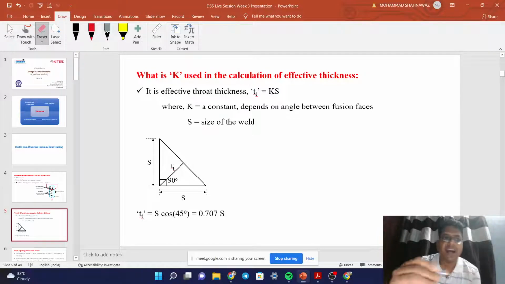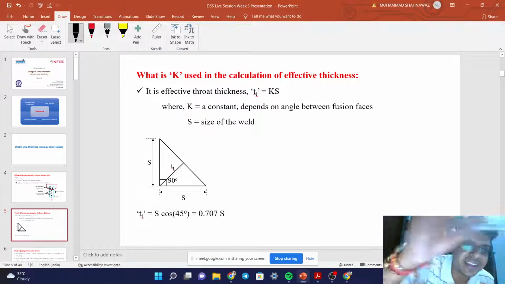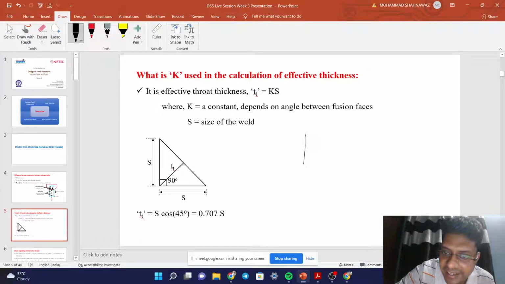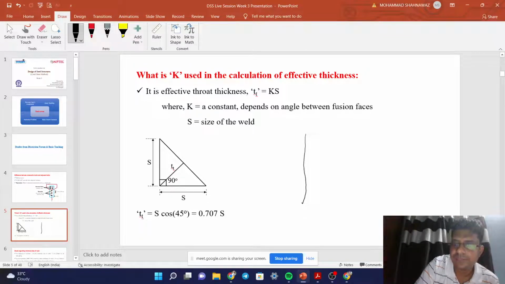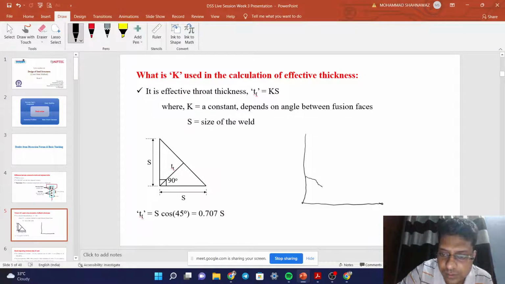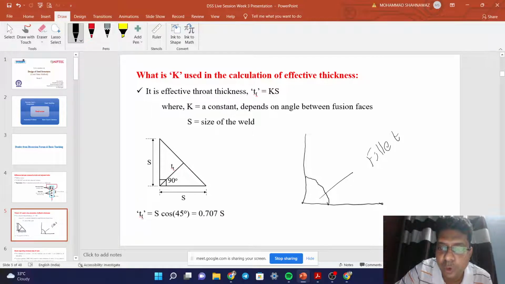See, I want to explain it with a diagram. Let us suppose this is one plate and this is another plate, and here we want to do fillet welding. This is the fillet weld which we have provided here.